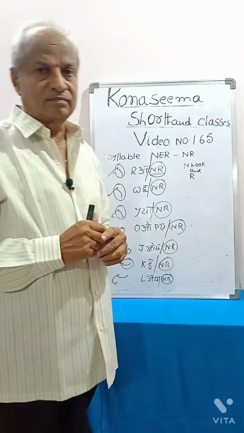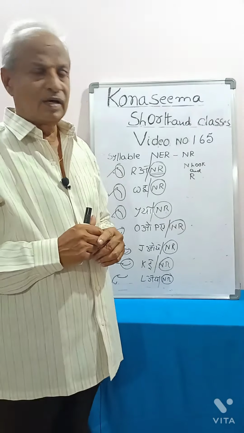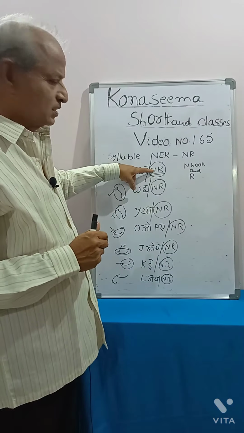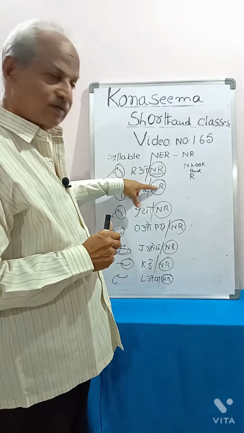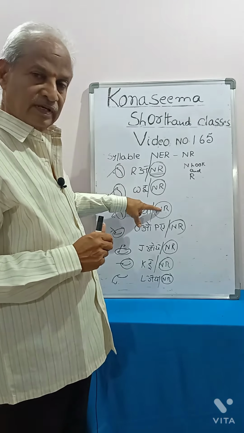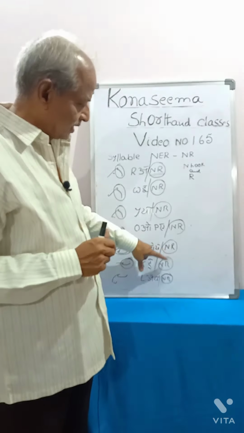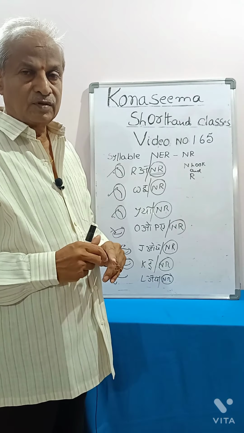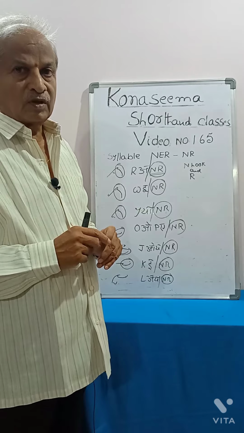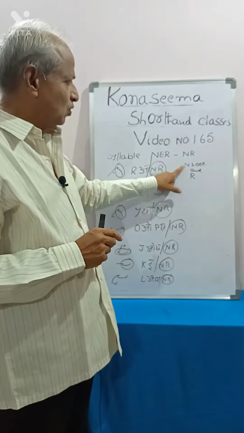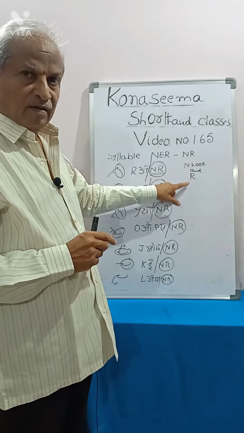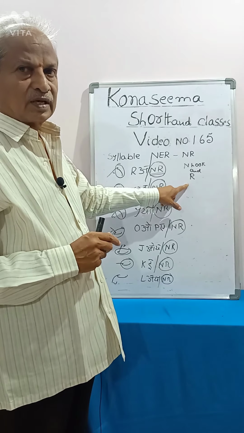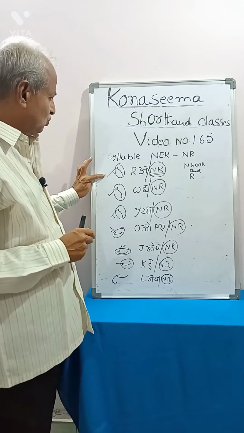Final syllable nar. Here nar is the final syllable. Final syllable nar is to be written with N hook and R only after straight upper strokes.